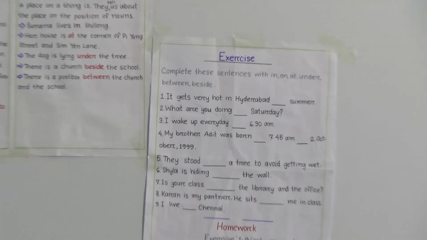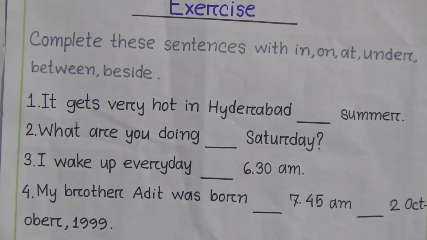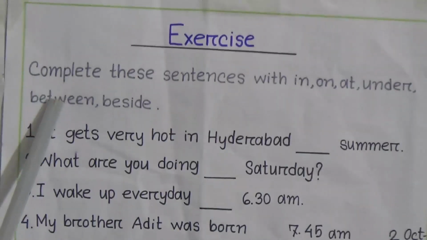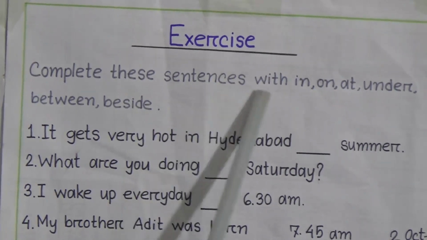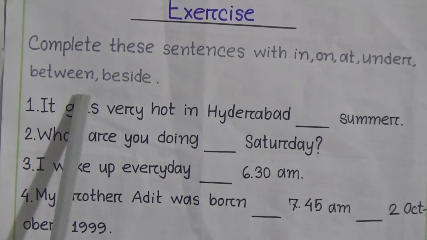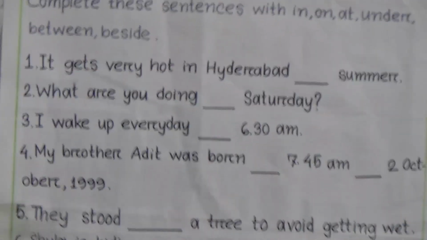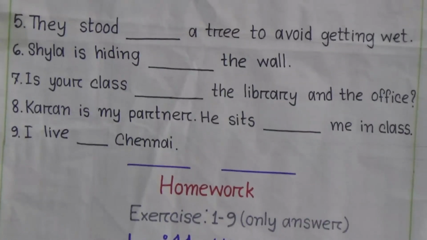Okay students, now we'll do some exercises based on prepositions of time and place. Our question is, complete these sentences with in, on, at, under, between, beside. So you have to fill all the gaps with the prepositions given in the question.